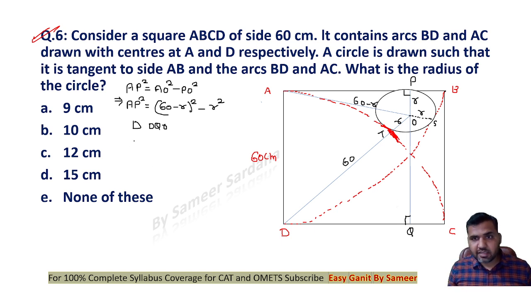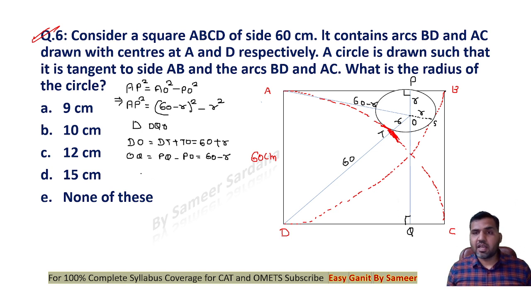The length of DO is DT plus TO, which is 60 plus R. Similarly, you can see that the length of OQ will be equal to PQ minus PO, which is 60 minus R.